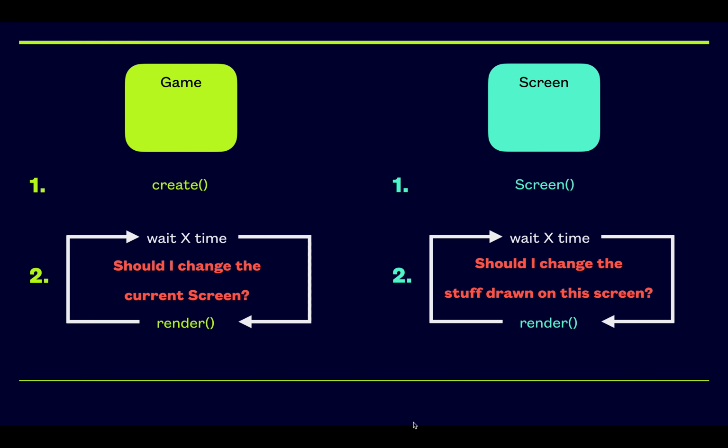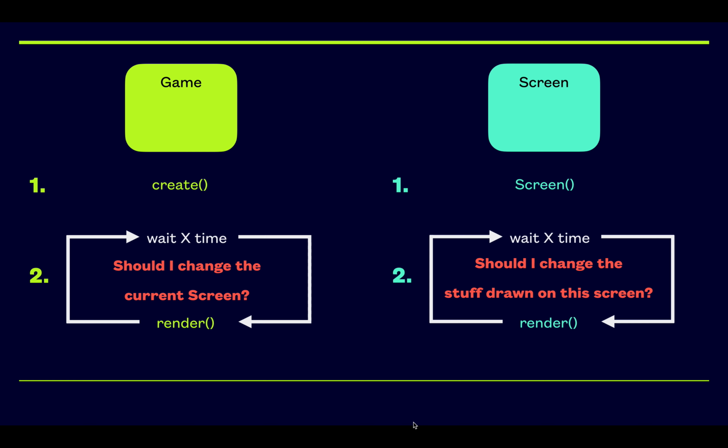Let's say that our player has hit a block, and that block releases an item. So as soon as we click a button, our player moves, that player touches a block, that block then changes, say, some state somewhere, saying in the next time that we render, you should draw an item on the screen.